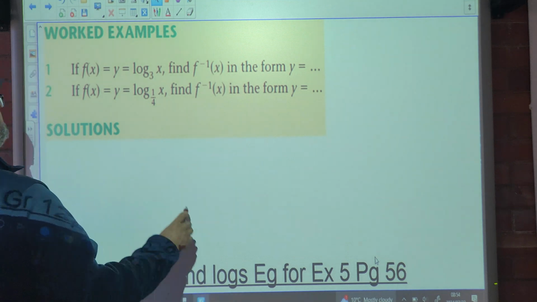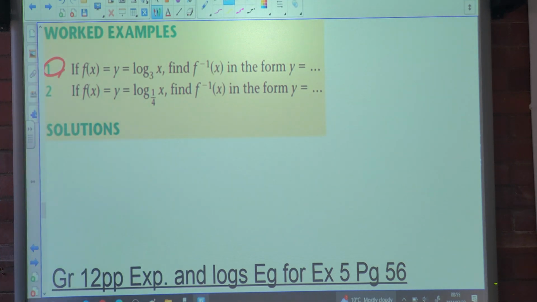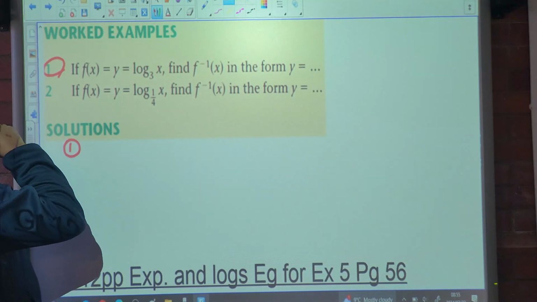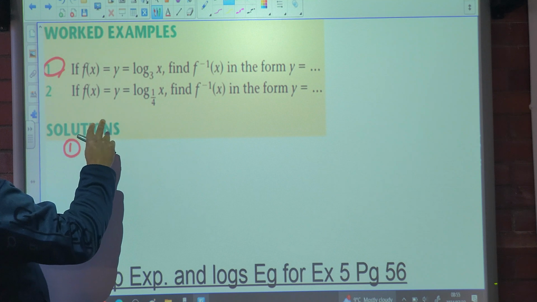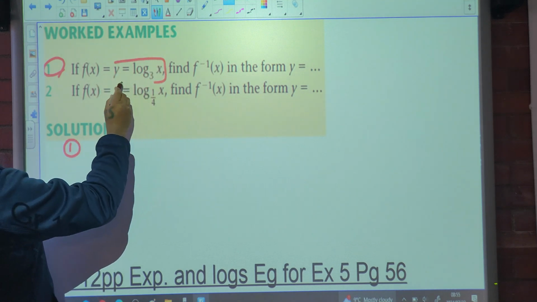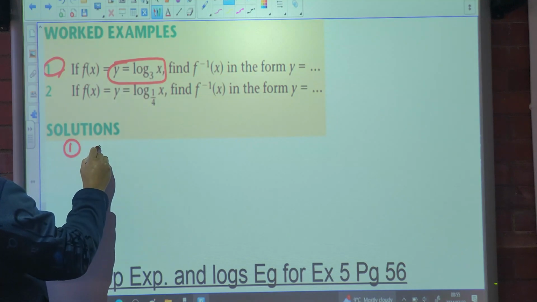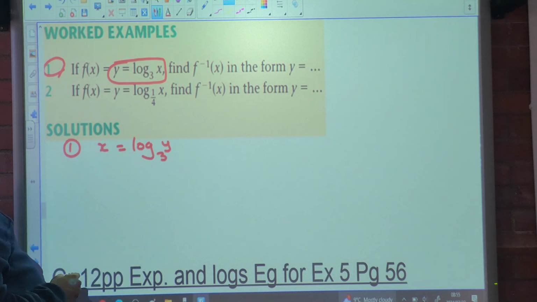Number 1: we are told that f of x is equal to y, which is equal to log x base 3. Find the inverse of f in the form of y equals. What do we do here for the inverse function? We interchange x and y. So it's going to be x is equal to log y base 3.